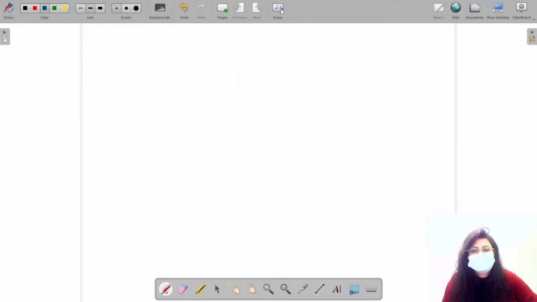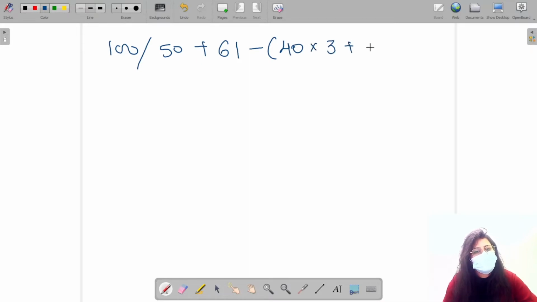Let's see one more example. We are given 100 divided by 50 plus 61 minus 40 into 3 plus 10 minus 60. Now if we have to solve this one, the parenthesis is given priority first.